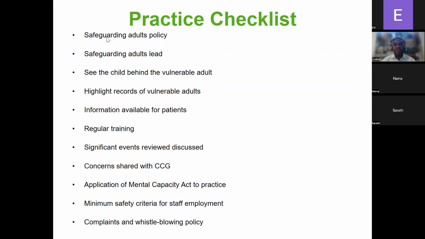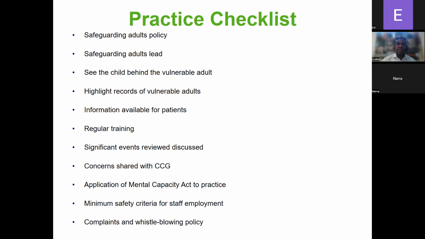One, they must have safeguarding adult policies, where it is schools, it is child protection policy. Okay, so safeguarding adult policy, safeguarding adult lead. I was telling you about safeguarding lead. That is the designated safeguarding lead, the one to be contacted if there is a safeguarding concern.